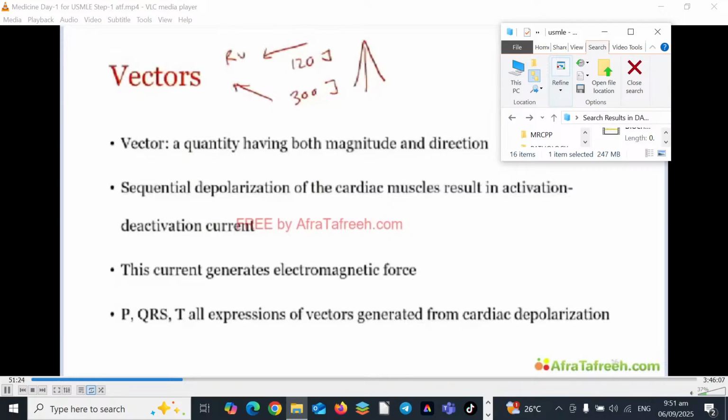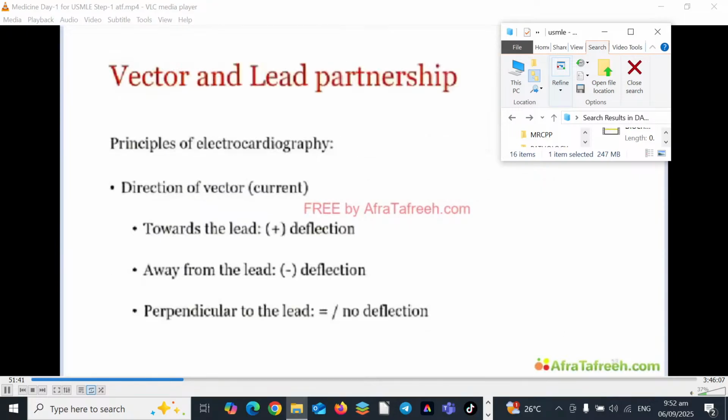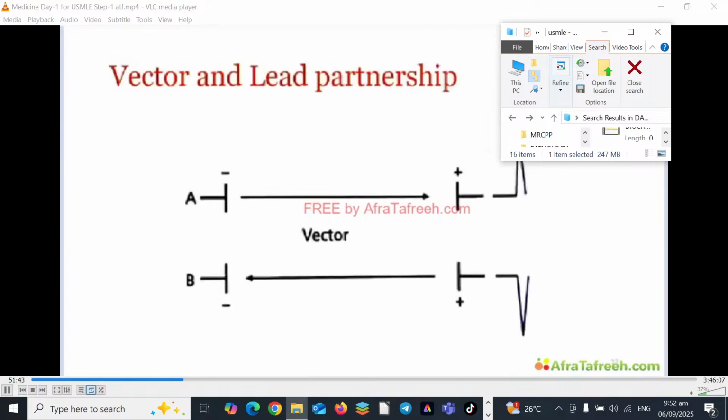So P, Q, R, S, T are all expressions of the waves of depolarization. That is what we discussed, the sodium, potassium, your ATPase. You are masters of depolarization. You know much more about depolarization than I do. But that is what you're trying to detect. When an electrode gets the current, it has a positive deflection on your EKG.